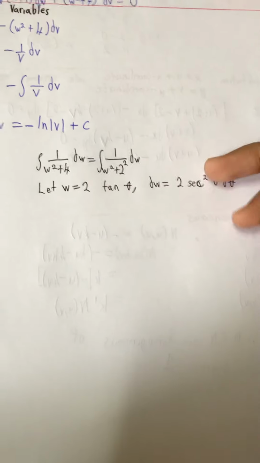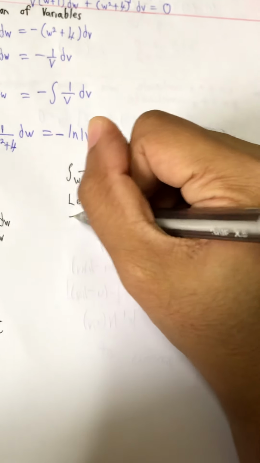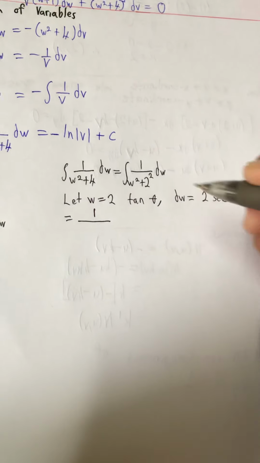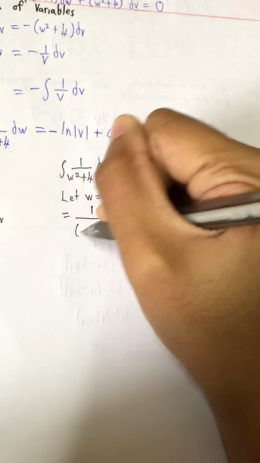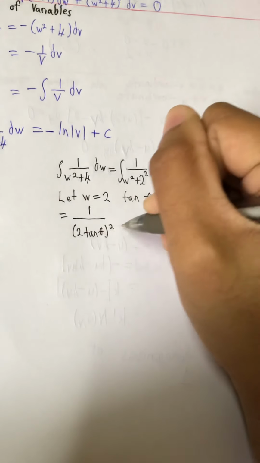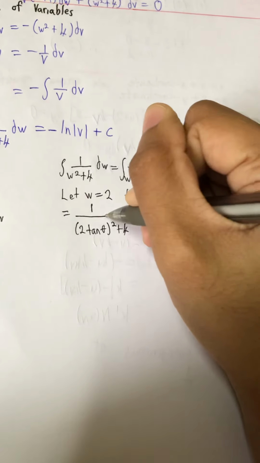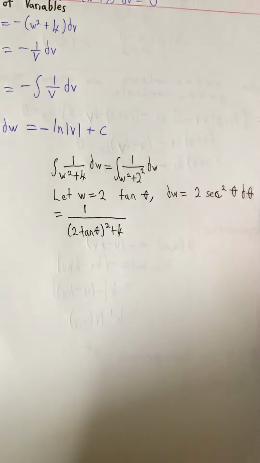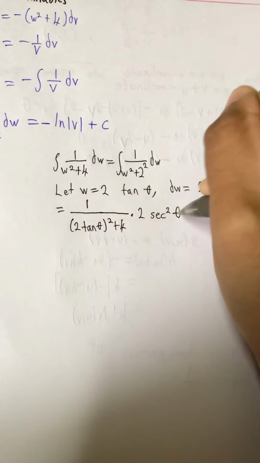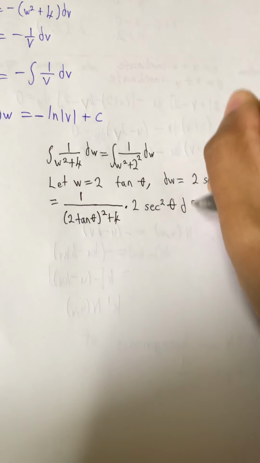Then we substitute it in this, so it becomes 1 over (2 tangent theta) square plus 4, and then our dw becomes 2 secant square theta d theta.